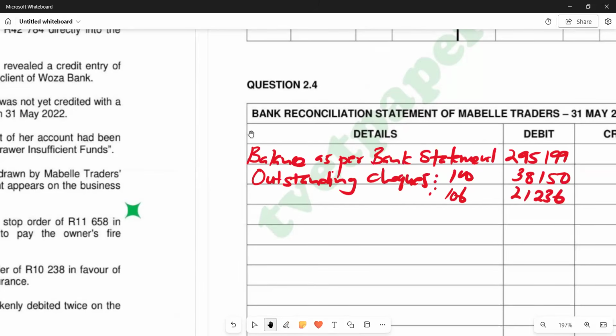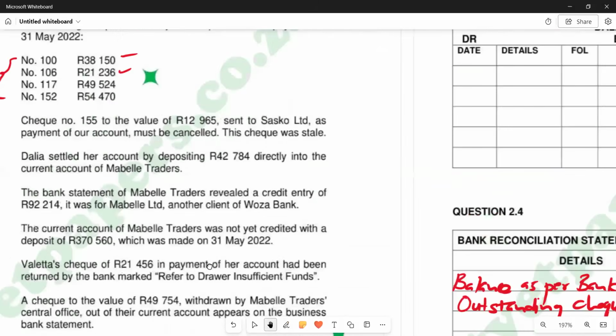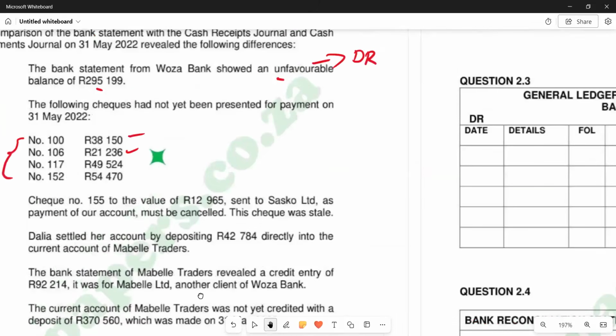Then we're going to check the other checks that we have. Now we have check number 117 with an amount of 49,524, and check number 152 with an amount of 54,470. So that's exactly what we are going to do.